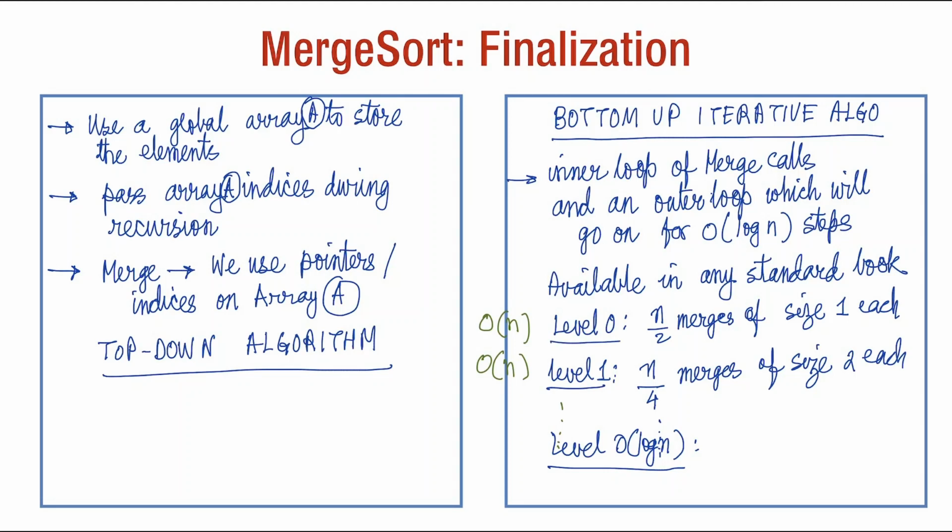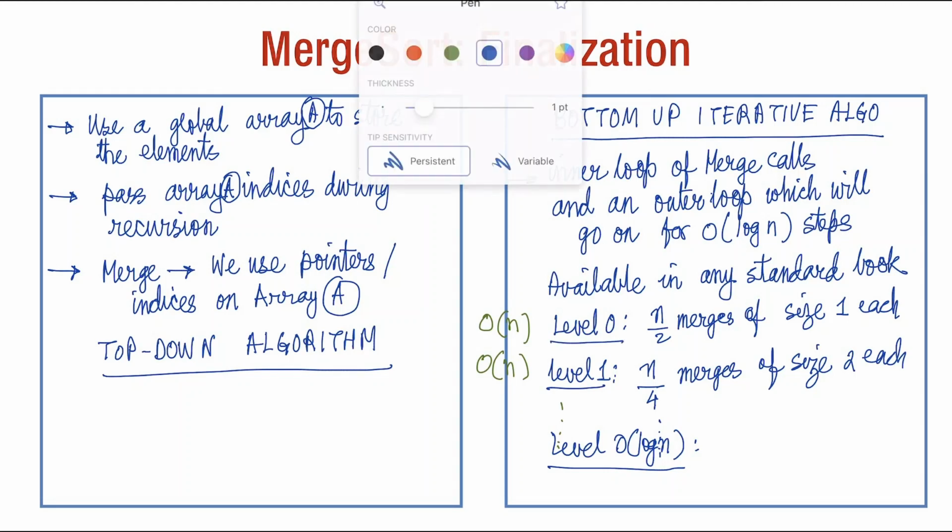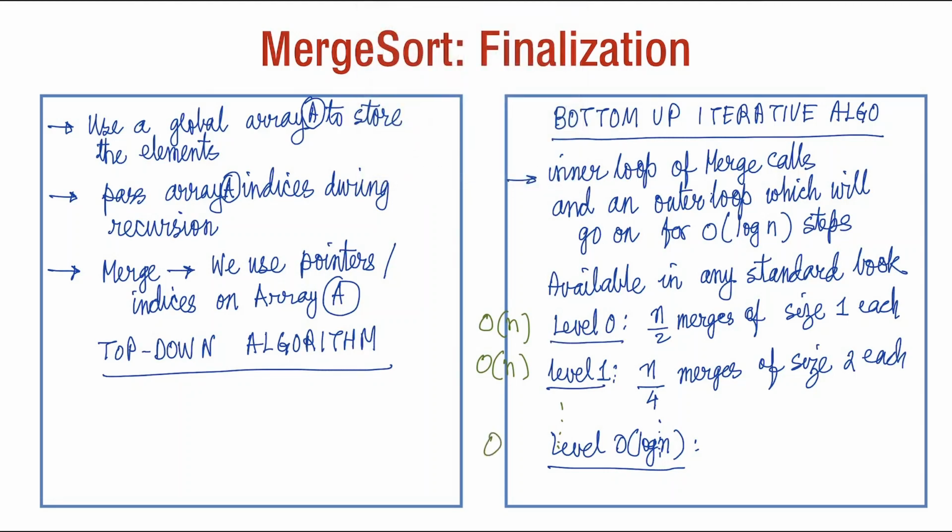So these are the levels. Finally, my complexity at every level will be order n. Therefore, this iterative algorithm will also work in order n log n. So this is the merge sort algorithm.